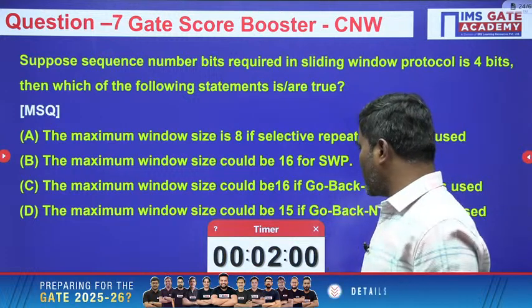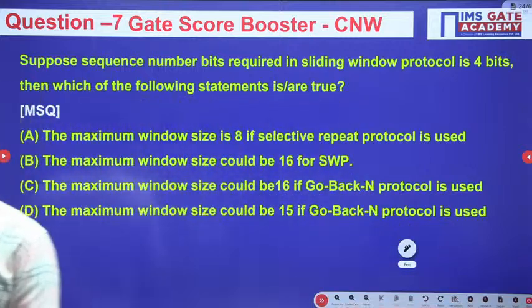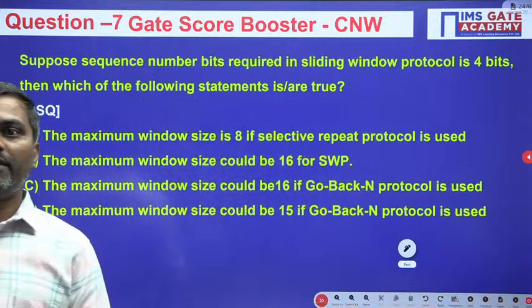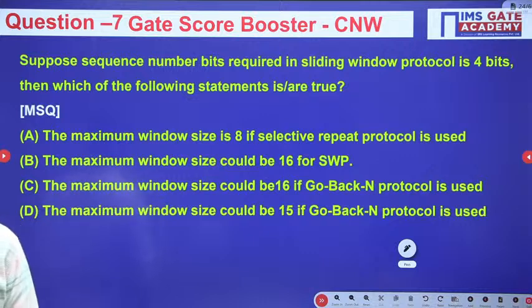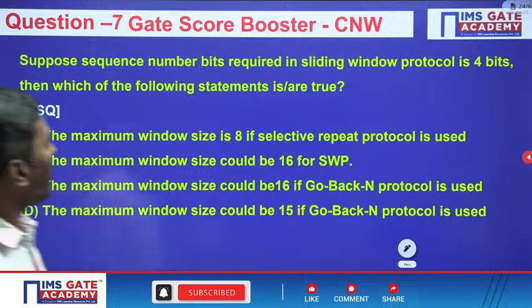Yes, what are the answers now? Sir, only maximum window size given as a sender window, receiver window. Option D you are telling.